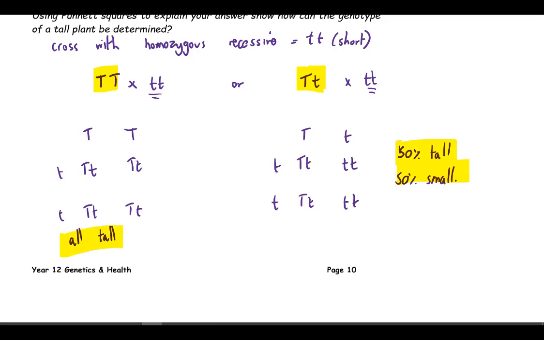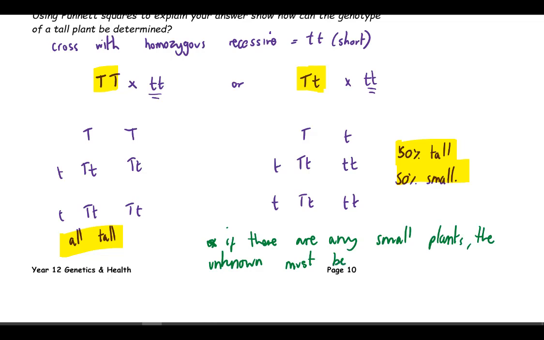So in this case, if there are any small plants, the unknown must be big T, little t. The big T, big T can't produce short offspring.